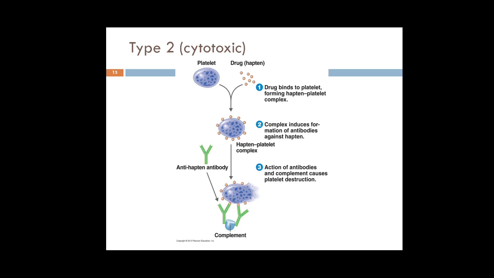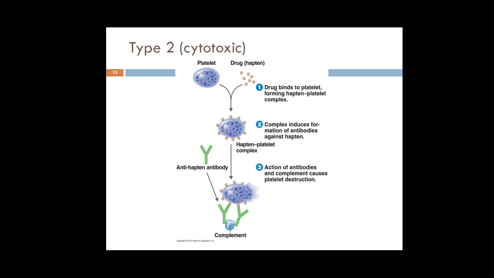Now type 2 allergic reaction is cytotoxic. Now the blue circle you can see is a platelet, and the small yellow molecules you can see is a drug which is also called as hapten. So drug binds to platelet, forming a hapten platelet complex. Okay, now this complex binds to the anti-hapten antibody.